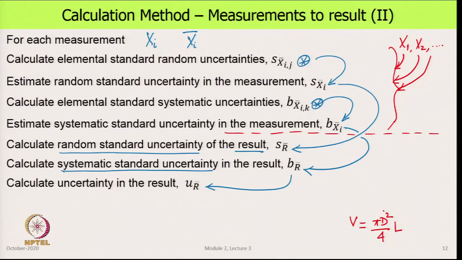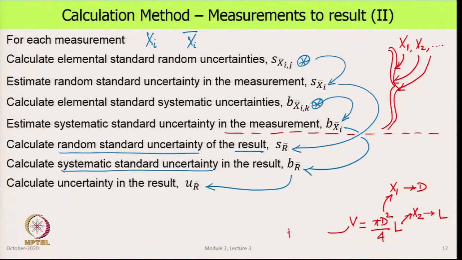So, in this case our x1 is d, x2 is L, and we repeat all of these steps that we have just written here, and then either use method 1 or use method 2 to come for this, and this is our result formula, this is our result parameter.